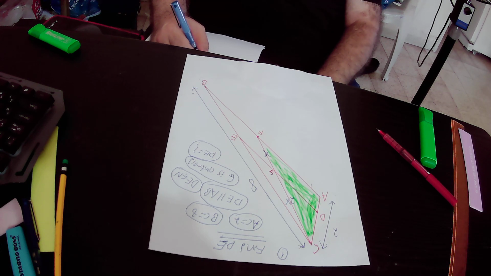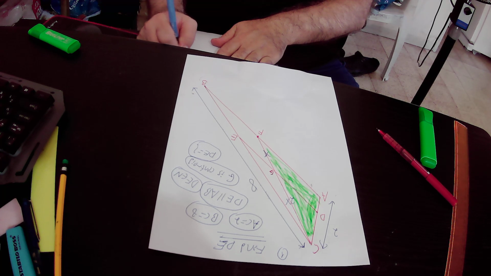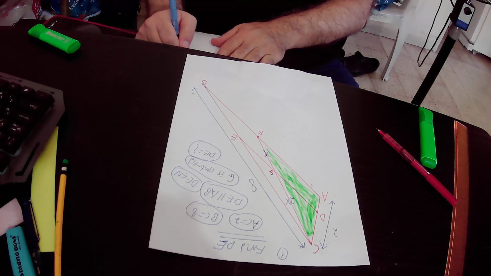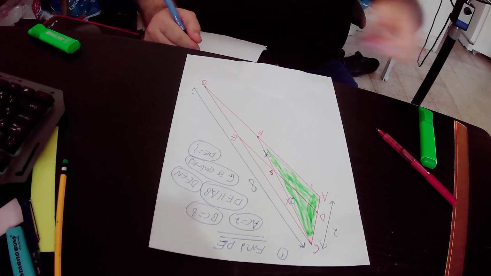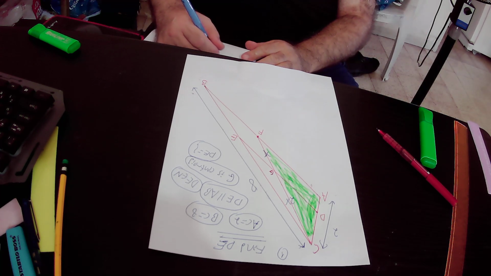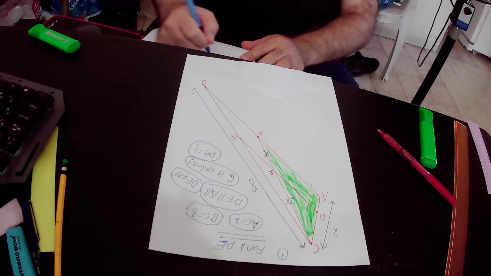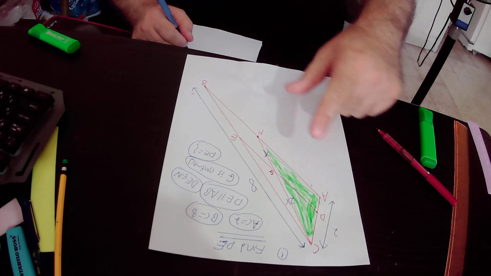So in the green triangle ACF, according to rule number 2, we will get that CD over AD equals CG over GF.